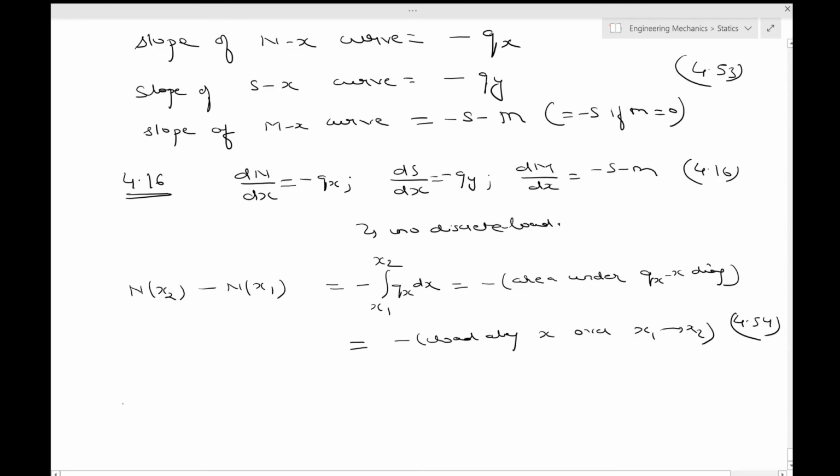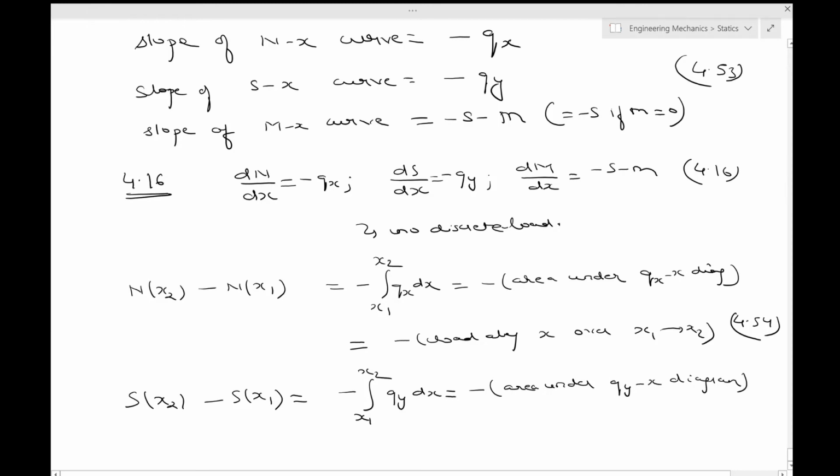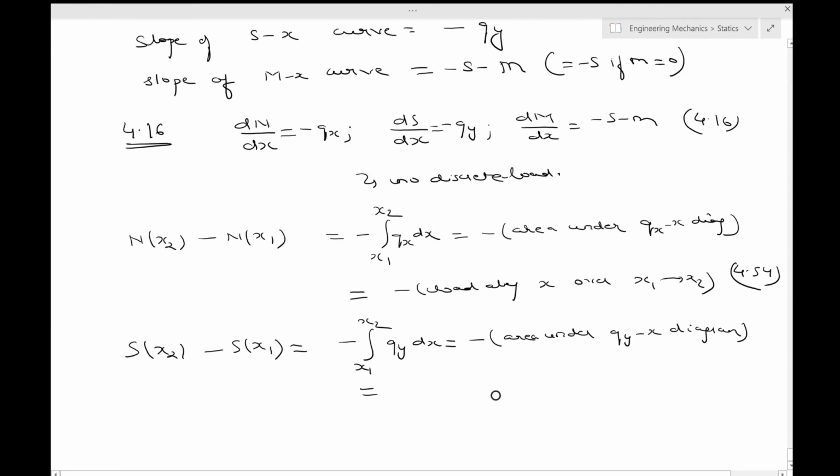Similarly, if you integrate the second one, you get S of x2 minus S of x1 equal to minus the area under the qy of x diagram, minus the load along y over x1 to x2.